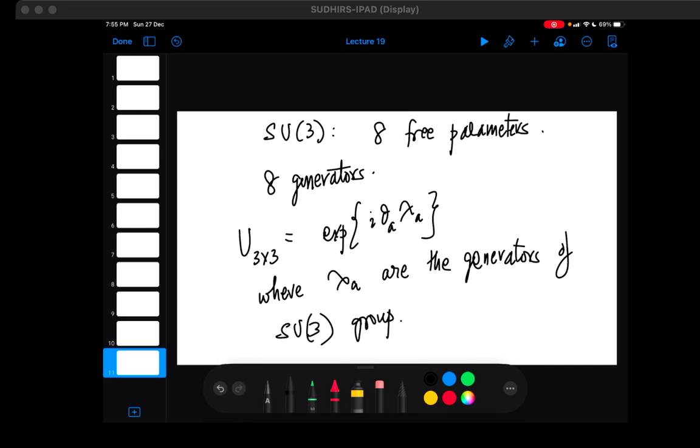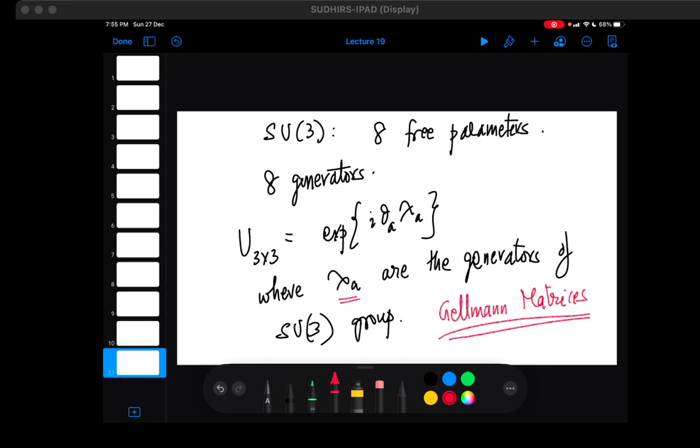These lambda a are called Gell-Mann matrices, after Murray Gell-Mann, who actually did it long ago, one of the first ones to do it in the 1960s. So there are 8 generators, lambda a.